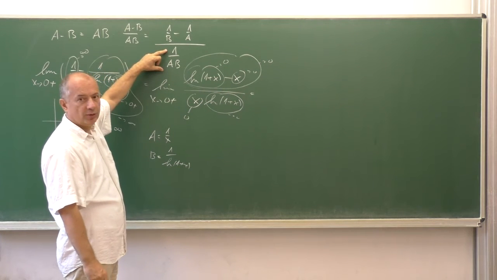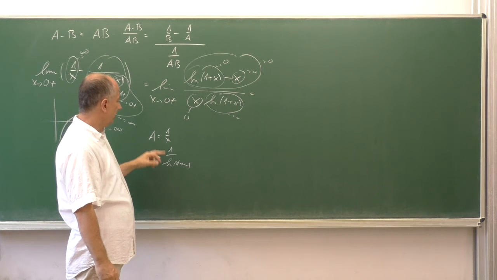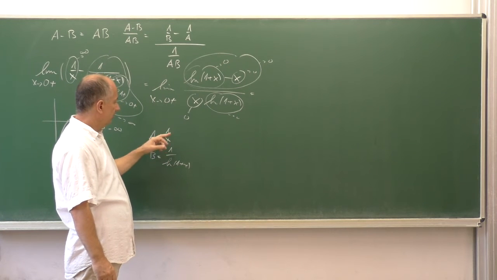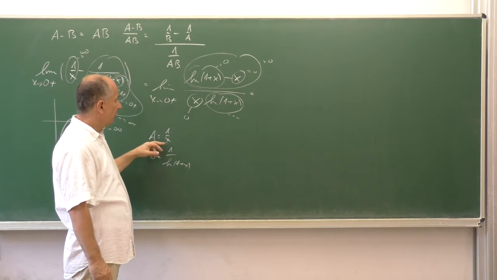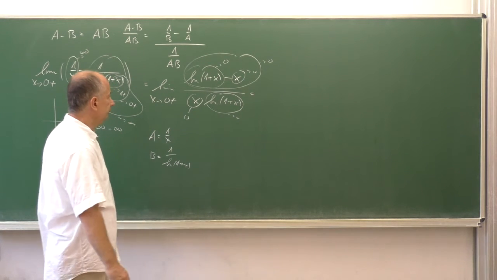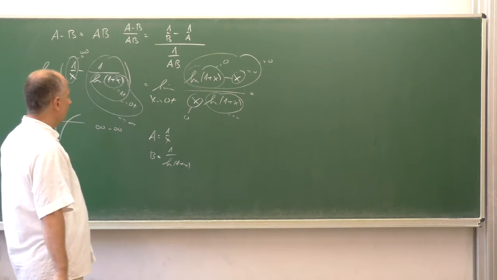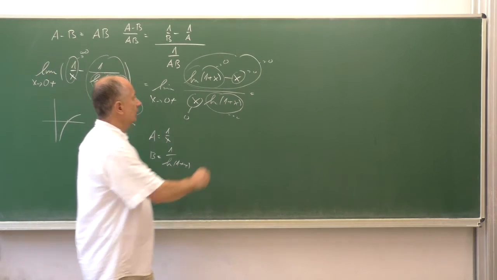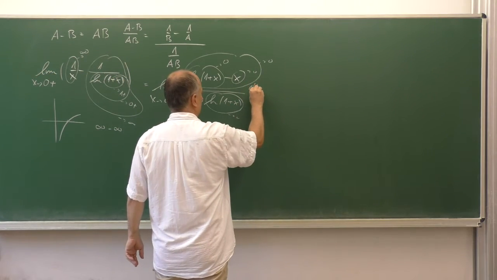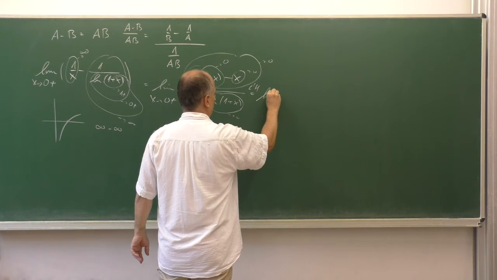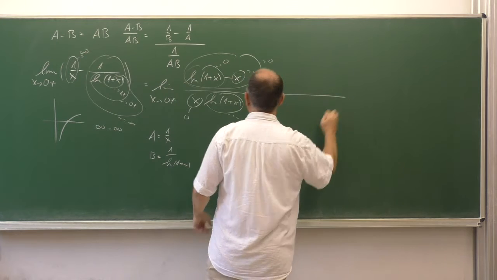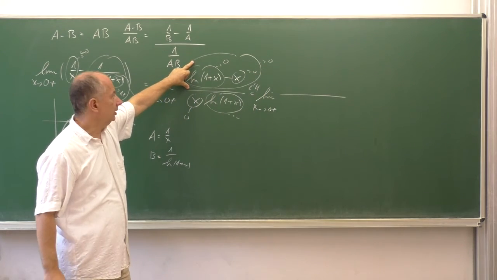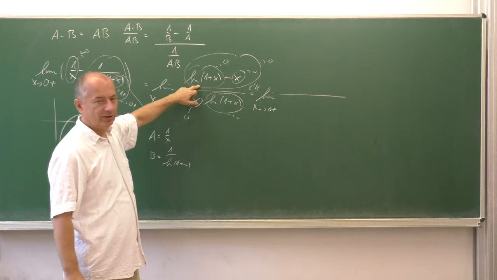And here we have the reciprocal value of the product. The product is 1 over x times 1 over logarithm, and the reciprocal value of the product is x times logarithm. So L'Hopital's rule can be used, and we have the derivative of the numerator, the logarithm derivative.